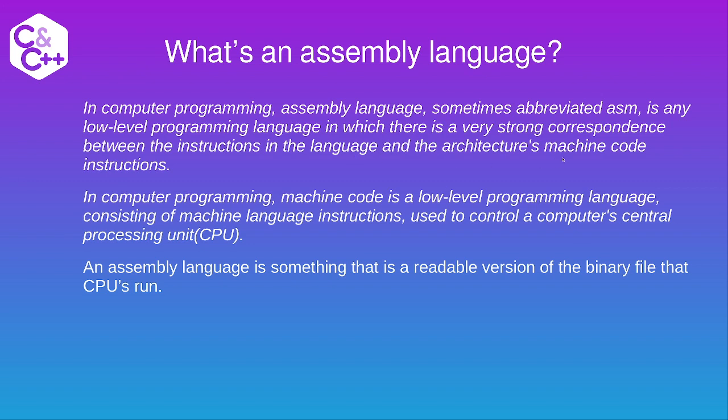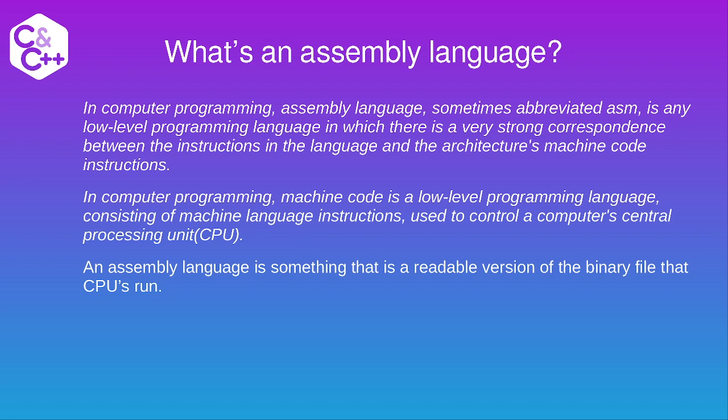So, let's say we have this machine code here. What is machine code? In computer programming, machine code is a low-level programming language consisting of machine language instructions used to control a computer's central processing unit, or CPU. So, in other words, or simpler words, an assembly language is human-readable binary code.